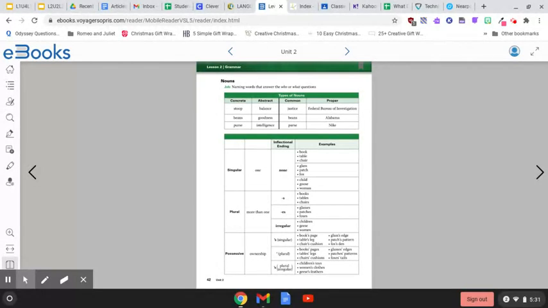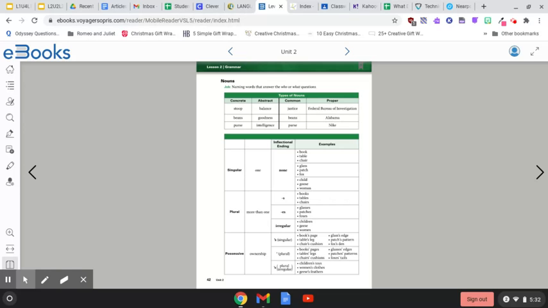Fox. What would be the plural form of fox? Child. What would be the plural form of child? Goose. What would be the plural form of goose? Woman. What would be the plural form of woman?